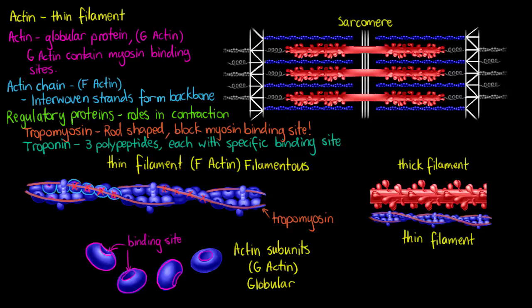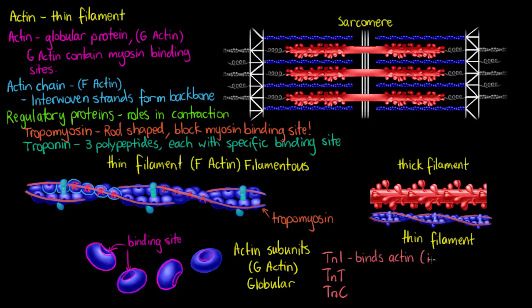So I'll show them up here on the thin filament. So we've got them all there in that teal kind of color. And as I said, it's made of 3 polypeptides. The 3 polypeptides are called TNI, TNT, and TNC.